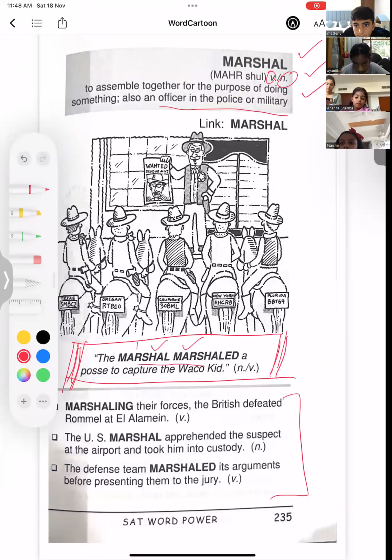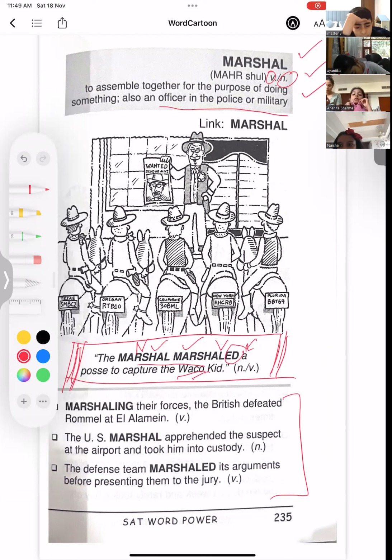Now, the first marshal is a noun and the second marshal is a verb because we have ed. So the marshal has assembled to capture the wacko kid. All right. This is just a way to remember the meaning of marshal, but now that we have spoken so much about it, I'm sure you will remember it for good. Remembering for good means you will remember it forever.